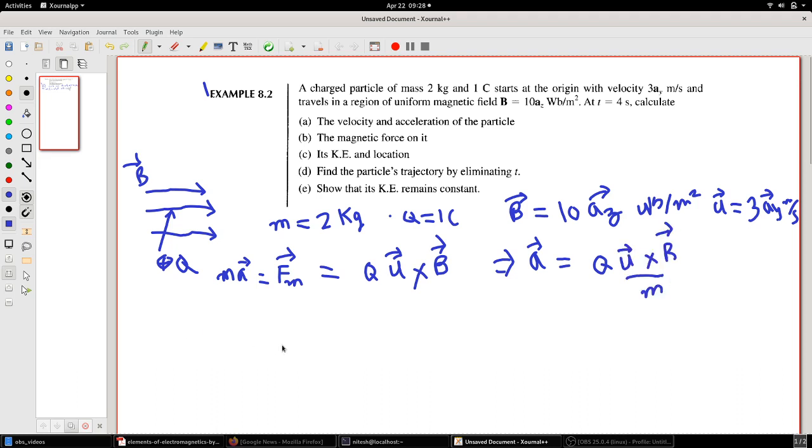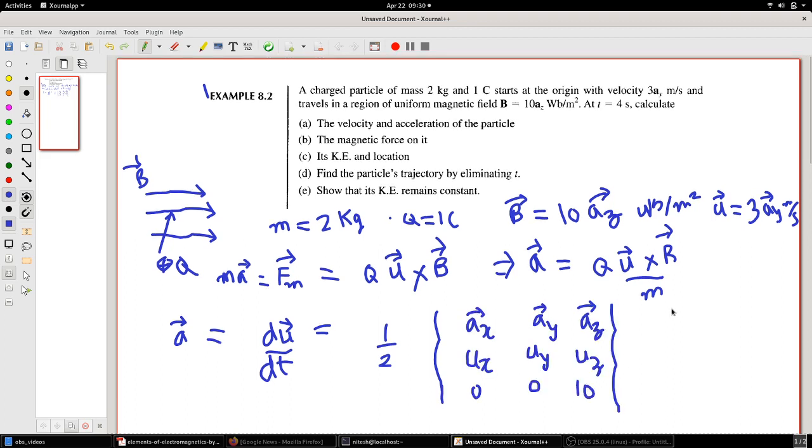Okay, so now acceleration a is the same as du by dt. So that is equal to half, because Q is 1 coulomb divided by mass 2 kg, into U cross B. U cross B we compute in the rectangular coordinate system, so ax.